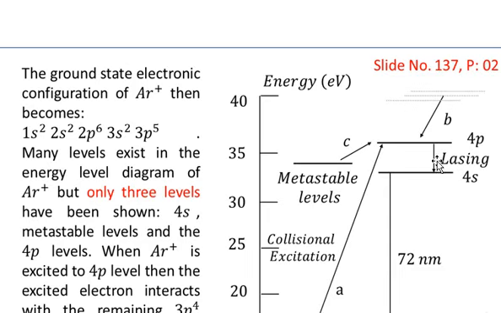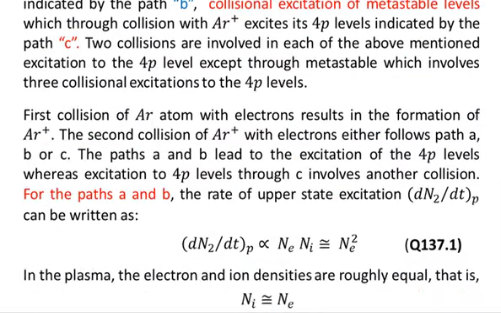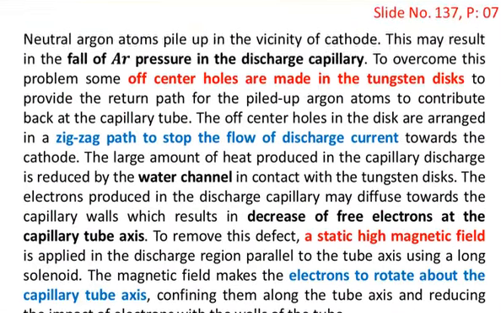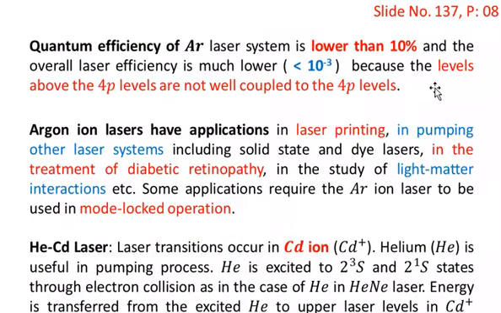Since these are not coupled very strongly to the 4p levels, this will reduce the efficiency of the lasing system. So we have a very small efficiency of this laser system, because the levels above the 4p levels are not well coupled to the 4p levels.